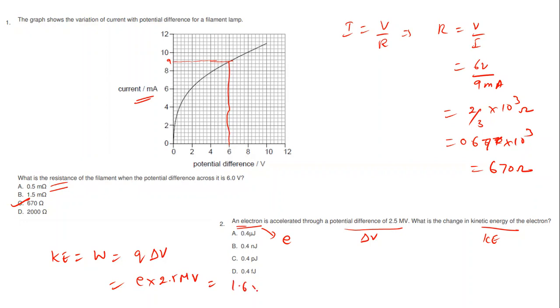Now let us substitute all the values. Value of e from your data booklet, you can take it as 1.6 into 10 power minus 19, times 2.5 into 10 to the power of 6. So let us calculate this value.